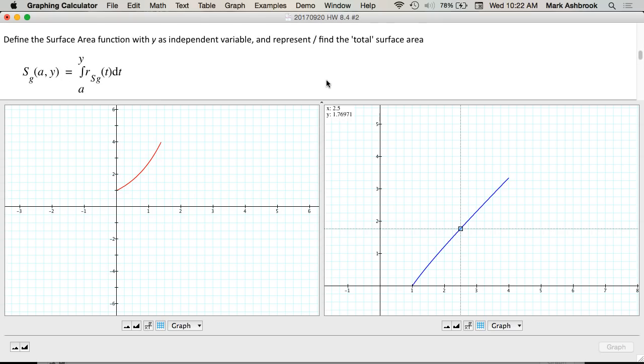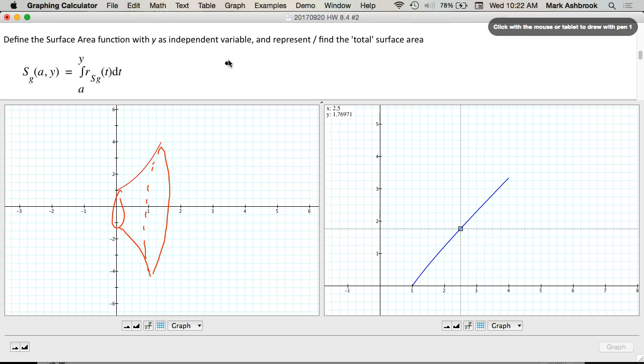All right, and now I want to represent the entire area of the piece of the horn. What will the entire area be? Kylan, what do you think?